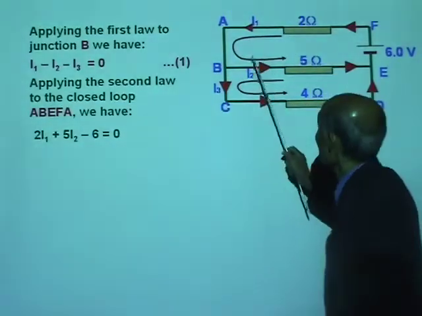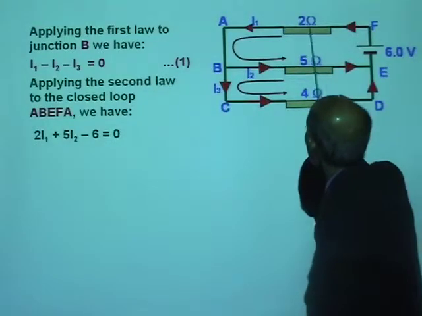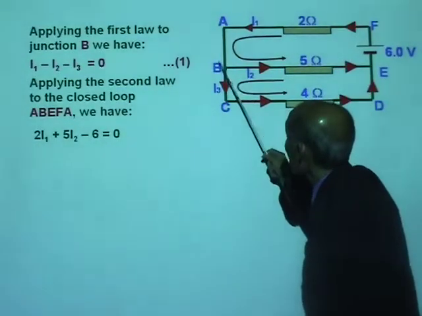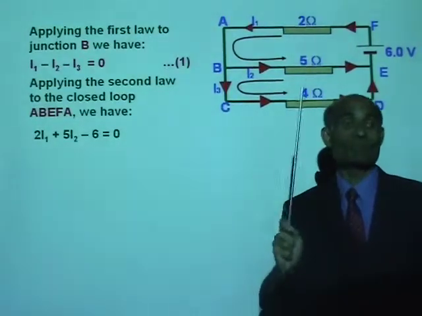Why? Because the currents I1 and I2 are in the same direction as the direction of tracing of the loop.